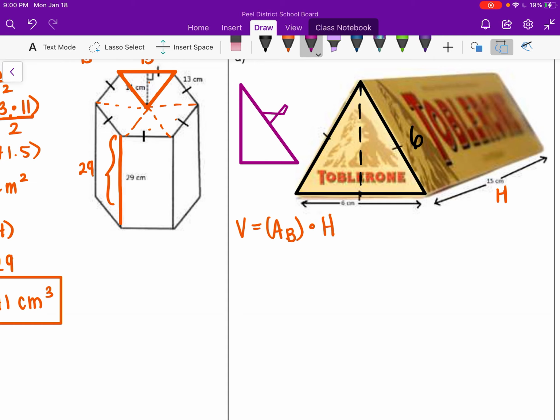So I have 6 over here. The bottom, I only have half of it, so this is going to be 3, right?